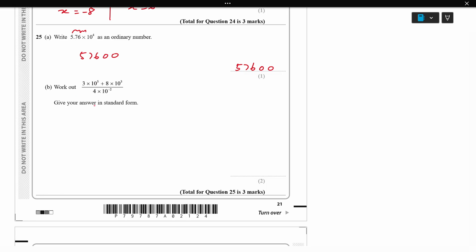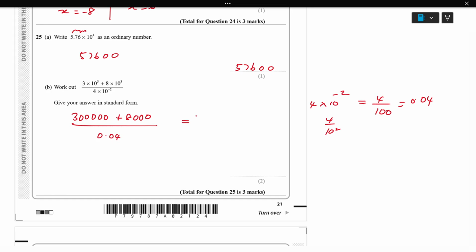Next one, work out this value. You can use a calculator, or else write 3 then 5 zeros, plus 8 then 3 zeros, and 4 × 10^-2. So we'll write 4 over 100, because 10 squared is 100, which is 0.04.